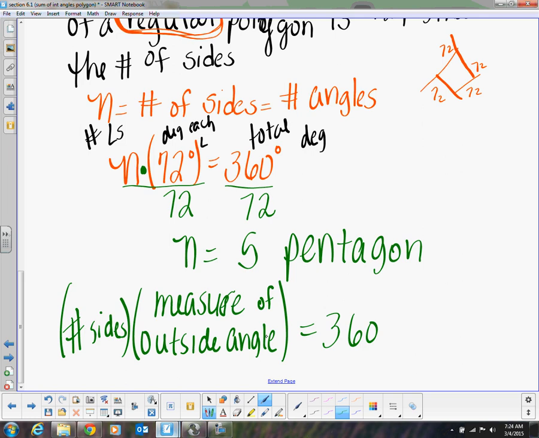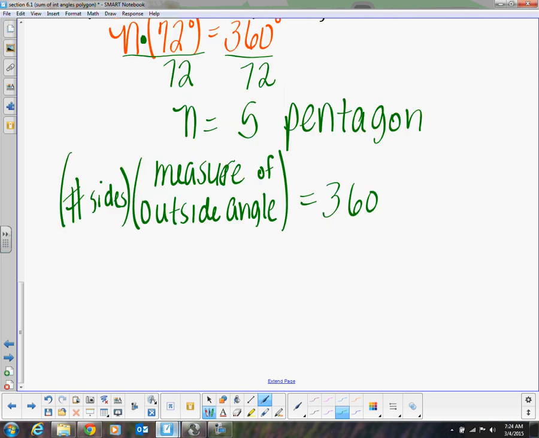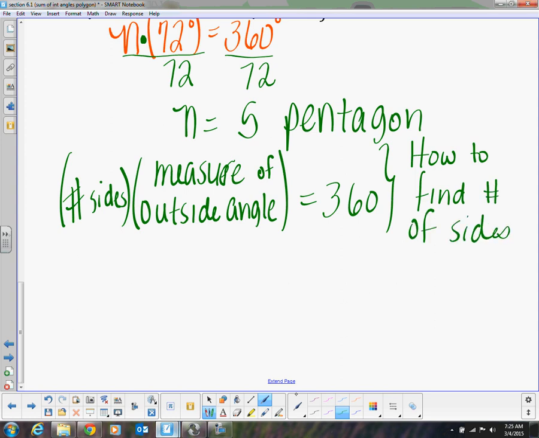Number of angles. This is how you find the number of sides of a polygon. It's all about the what? Outside angle. That's one of the most important words that you're going to write down there. Outside angle.